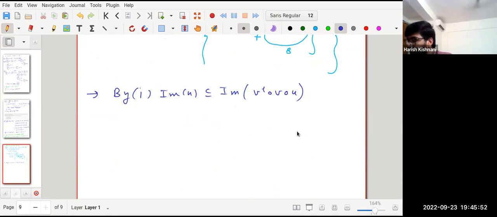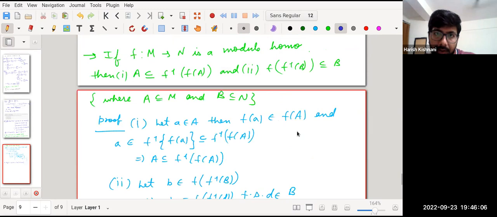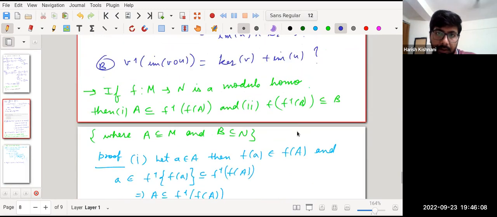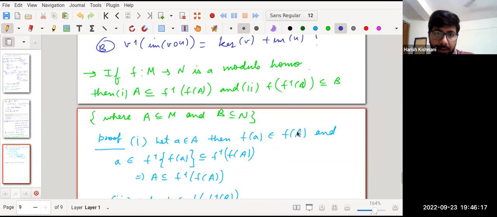The other part we need to see is the kernel. How the kernel is there. Let's just see for a moment. What else do we need? Okay, image of U is inside this. Then kernel of V should also be inside this.